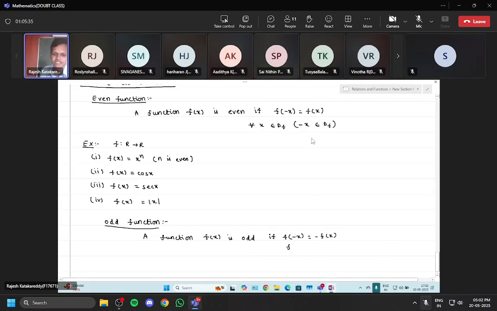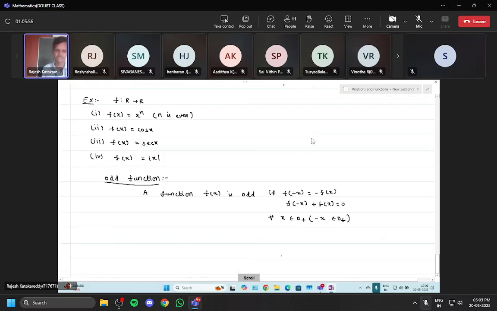In some situations, it is easier to prove f of minus x plus f of x is equal to 0. Clear? So here also, for all x belonging to the domain, and in brackets I need to make sure minus x is also from the domain of the function, right?